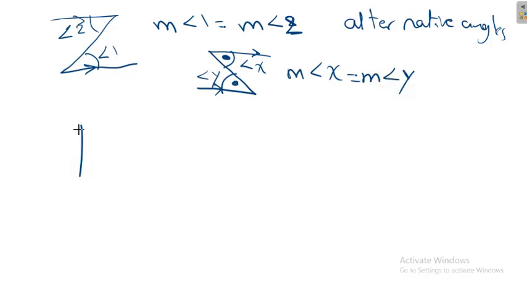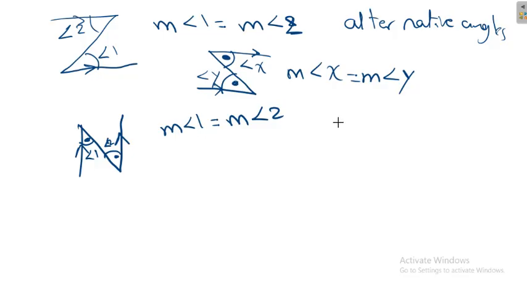Or letter N. Angle 1, angle 2, measure of angle 1 equal measure of angle 2. Why? Because they are alternatives.